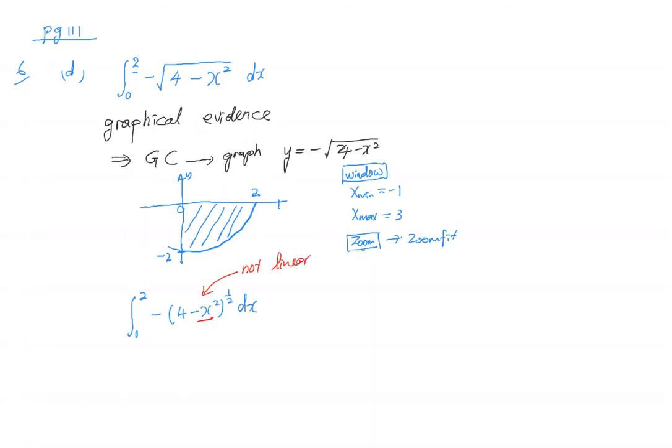So not linear, we cannot use this formula. n cannot be -1, correct? So we cannot use this formula. Still remember how this formula works?